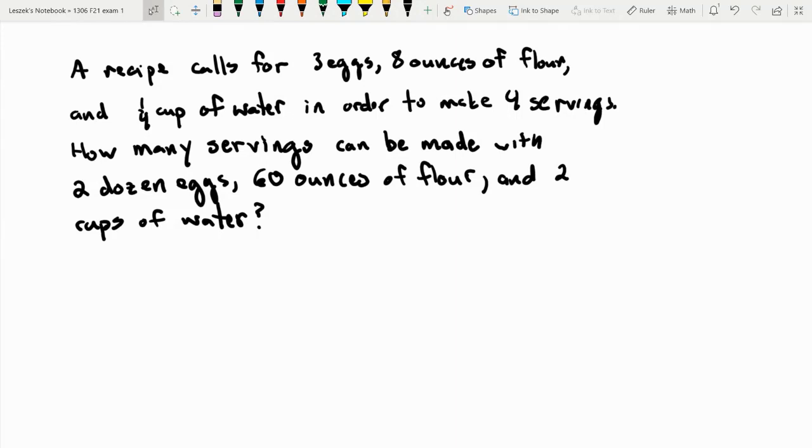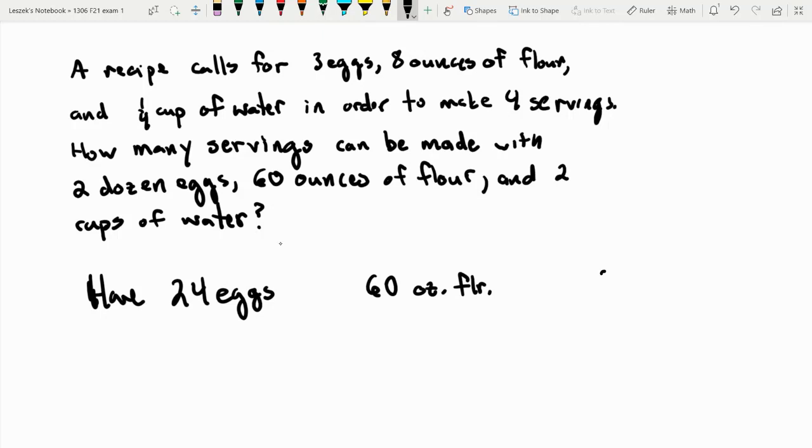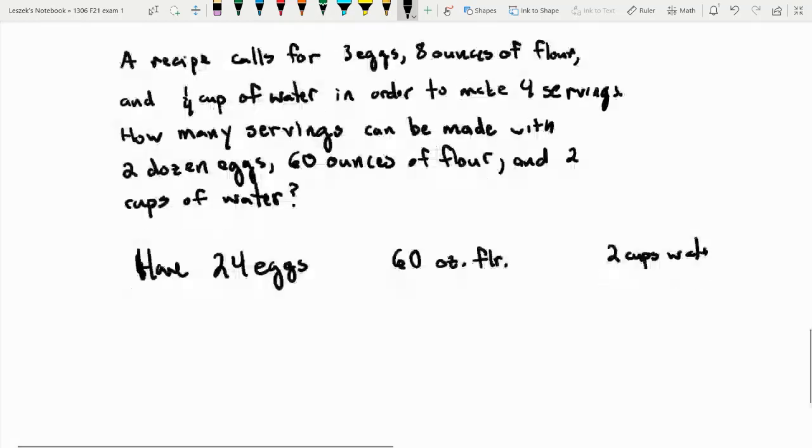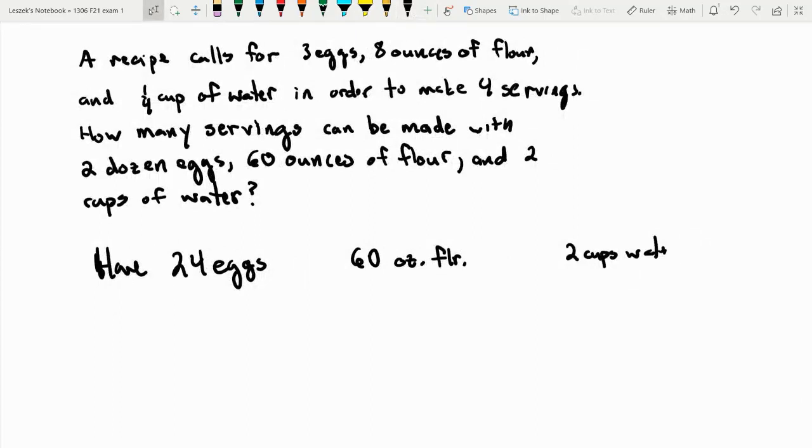Yeah, 2 dozen. So we have 24 eggs, and then we have 60 ounces of flour, and then we have 2 cups of water. If you're just looking at the eggs, how many recipes, how many servings, can we make?